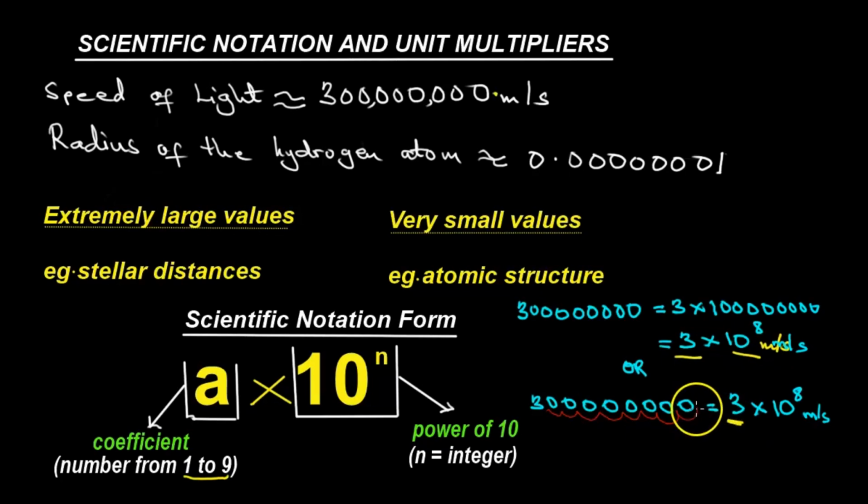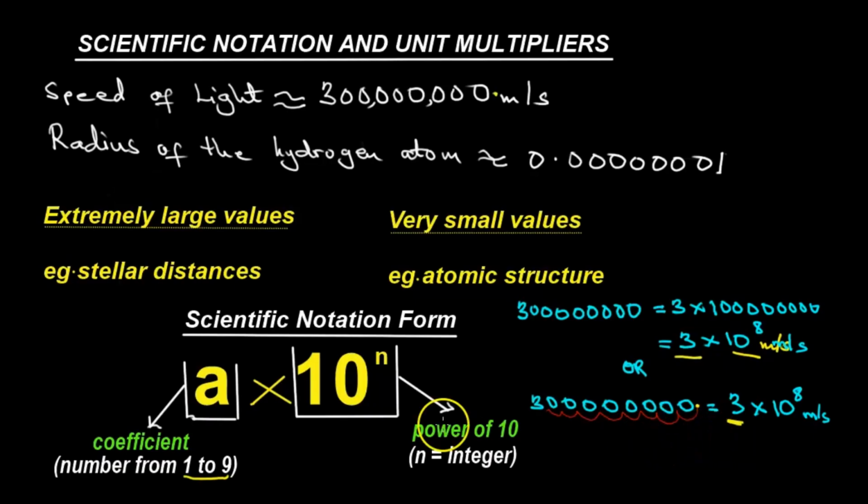So here I move my decimal places 1, 2, 3, 4, 5, 6, 7, 8. And since I've moved from right to left, I'm going to get a positive power. So moving from right to left gives you a positive power, and moving from left to right gives you a negative power.